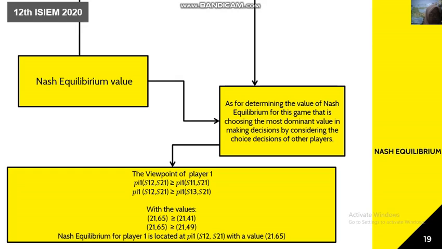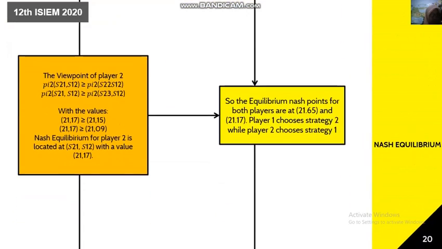The equilibrium for player 1 is located at pi1 and the value is 21.65. And the equilibrium for player 2 is located at pi2 with the value 21.17.